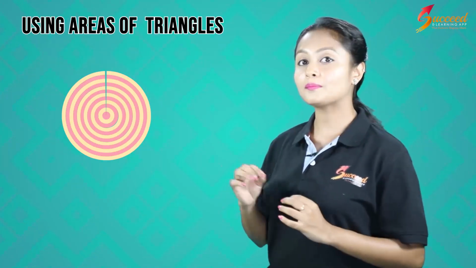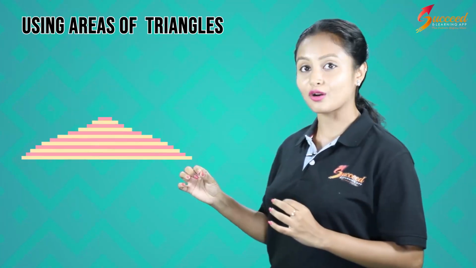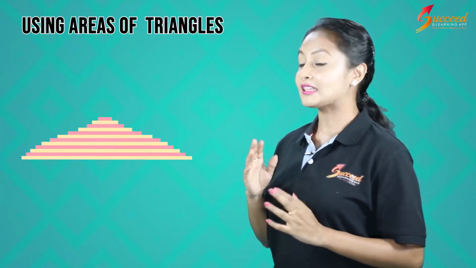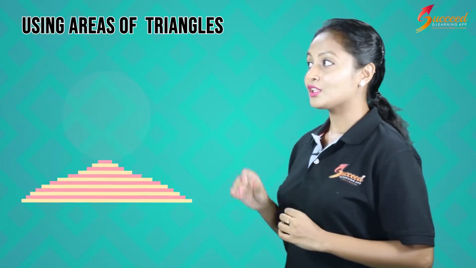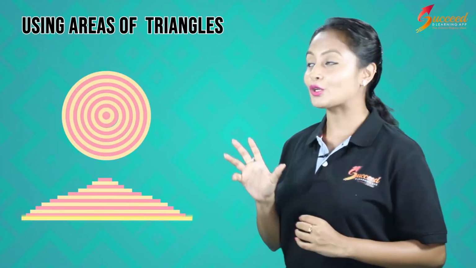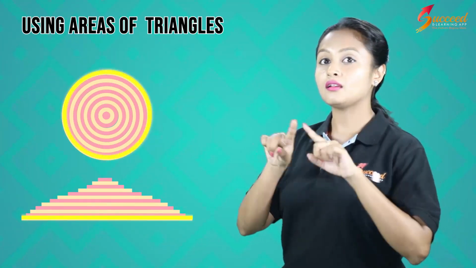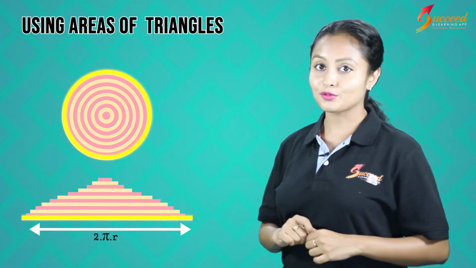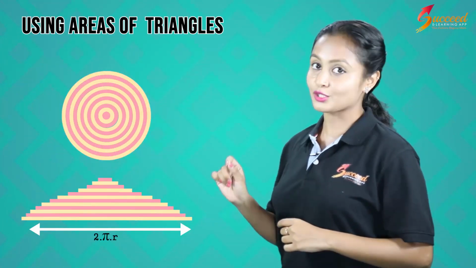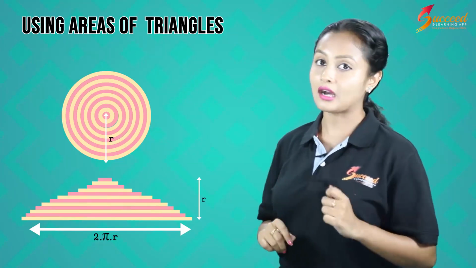Now on a plane, place it in such a way that it is stretched out and looks like a triangle, as you see in this picture. Now you can see that the base or the length is given by the circumference, the maximum length of the thread of a circle. So that is equal to 2 into pi into r. The height is nothing but the radius r.